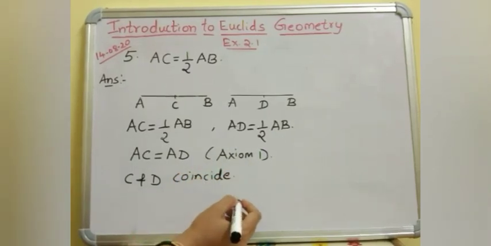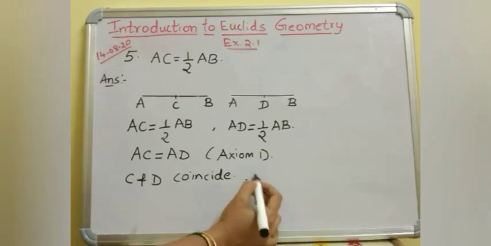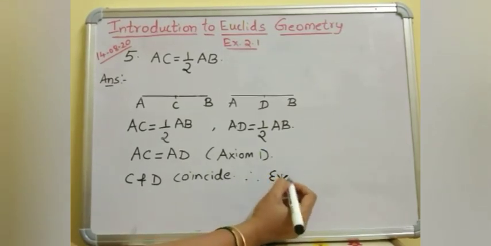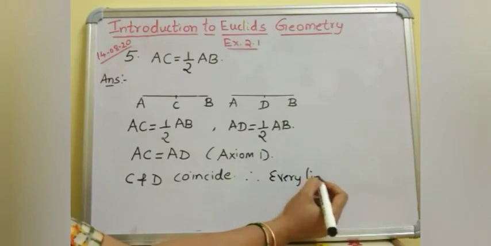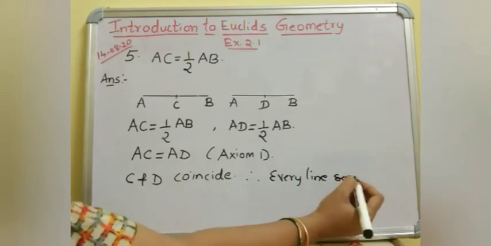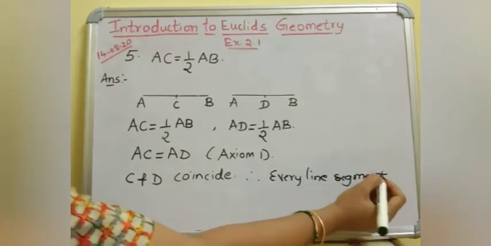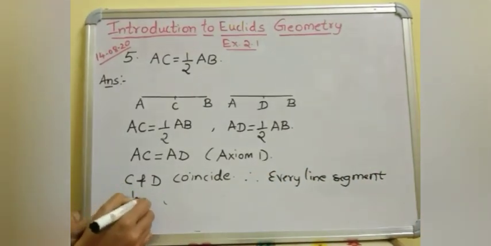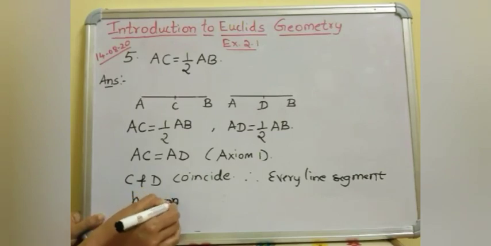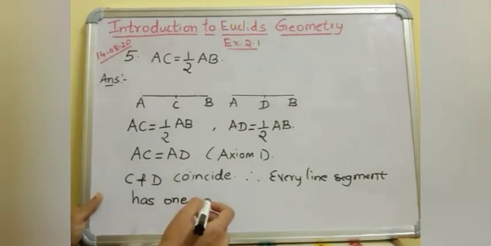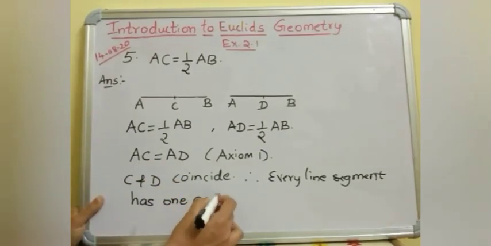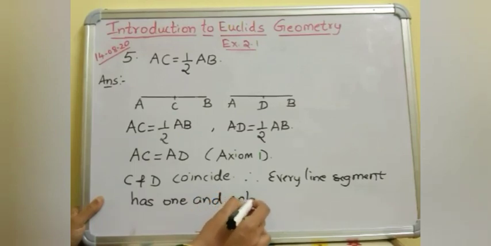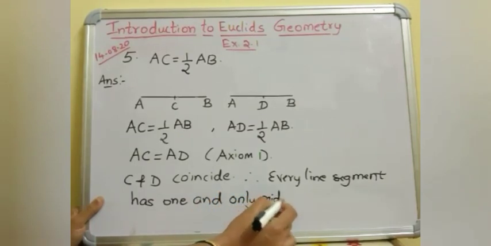So therefore every line segment has one and only one midpoint. Is it clear, children?